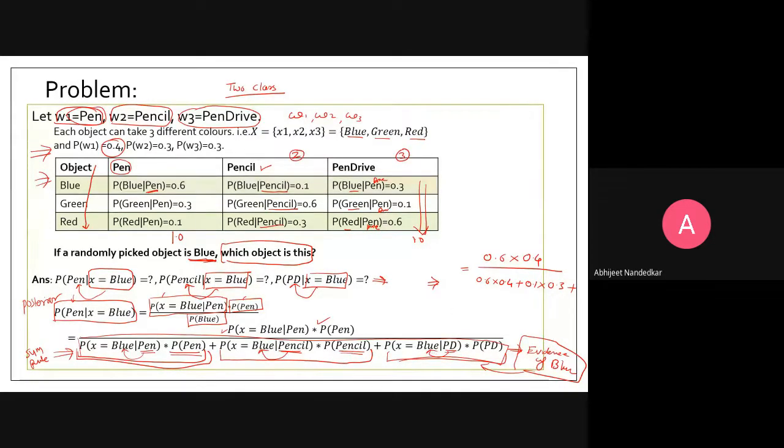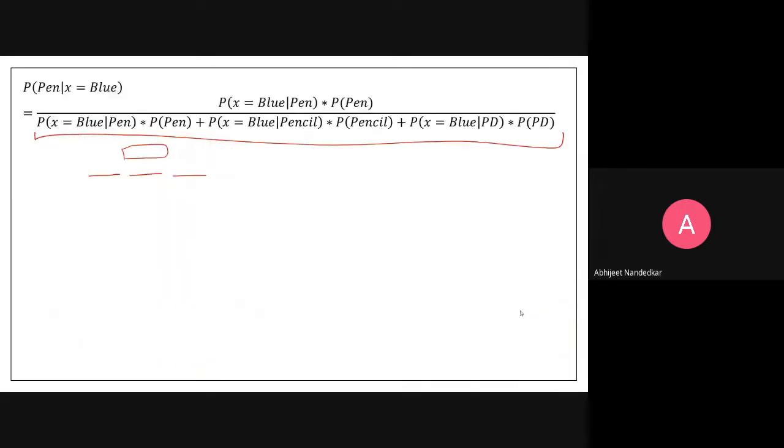Then you have a pen drive with blue color. So go to the column of pen drive and see what the blue color chance is. It is 0.3 multiplied by the chance of pen drive itself. So the chance of pen drive is 0.3. Okay, so if you solve this, you will get the answer as 0.67.